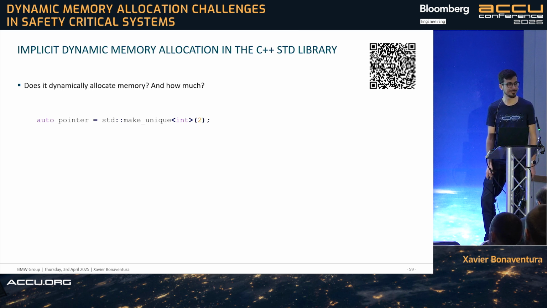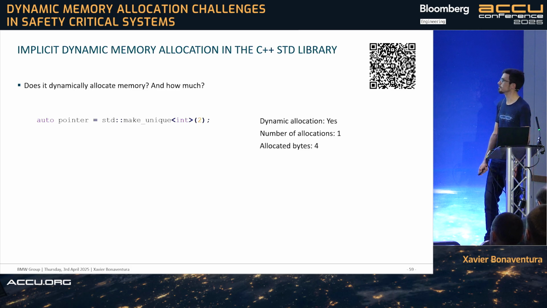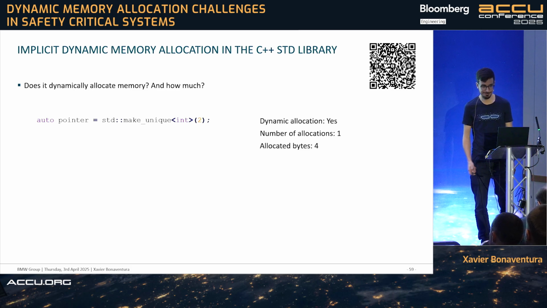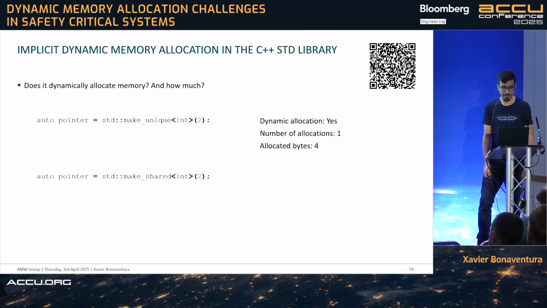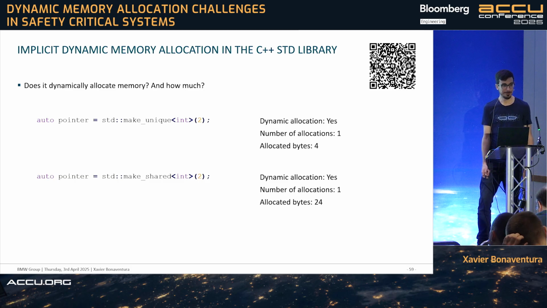How much? 4 bytes, in my machine. make_shared. Does it allocate? Yes. How much? 24, correct. Because we have the control block there that needs to be allocated also.